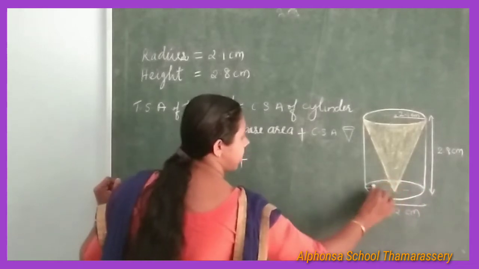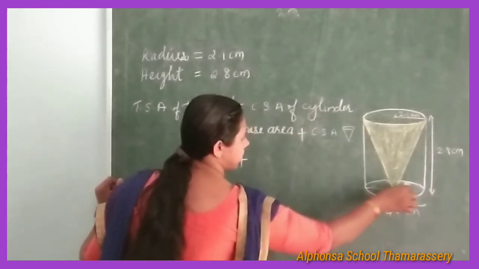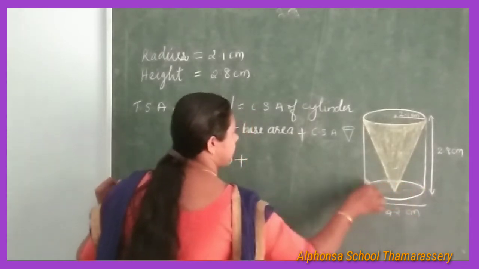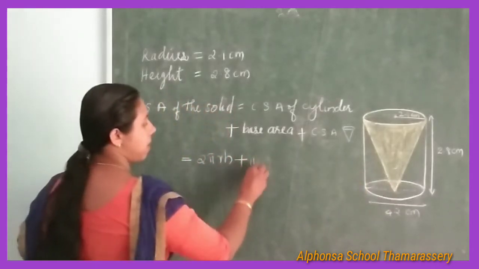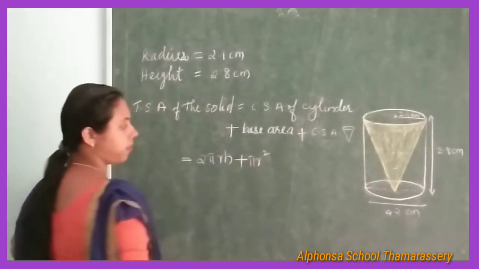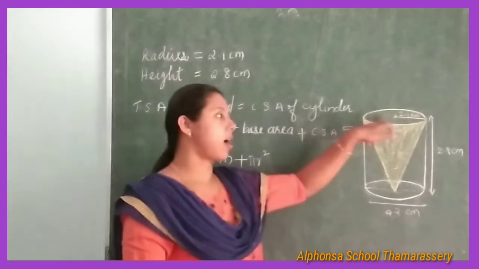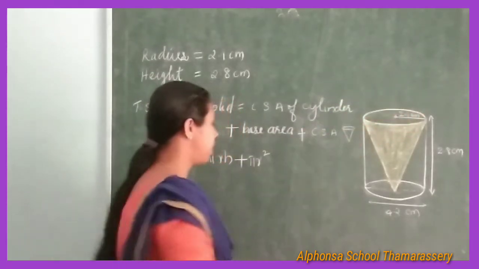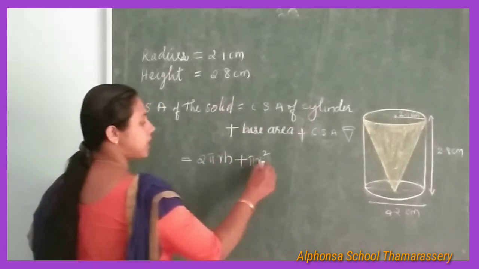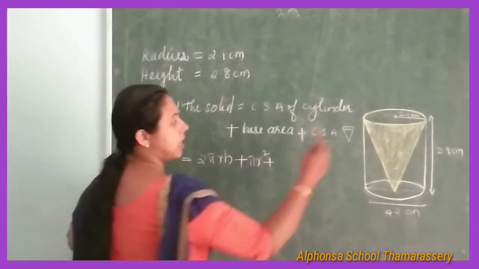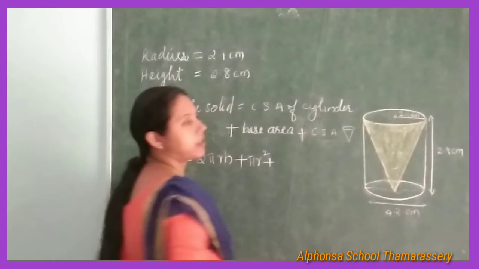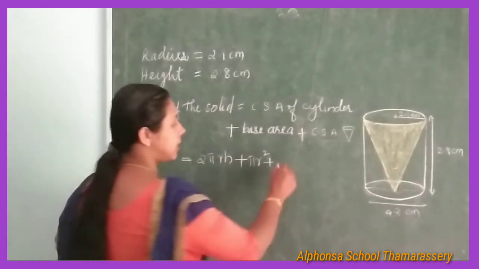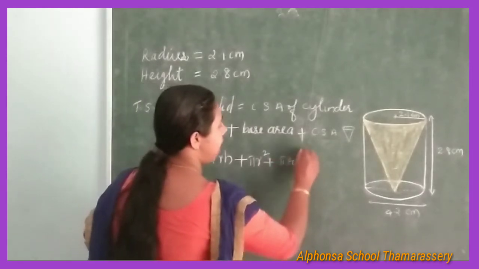The base area is how much? It's a circular shape, so area of circle is pi r square. And the top area is a hollow part. There is no solid now. So 2 pi r h plus base area plus now the inner curved surface area of the cone, so that is equal to pi r l.